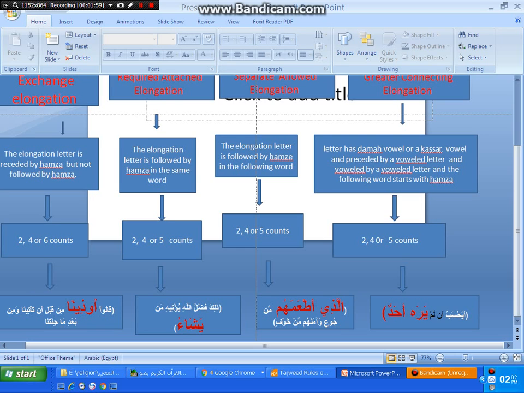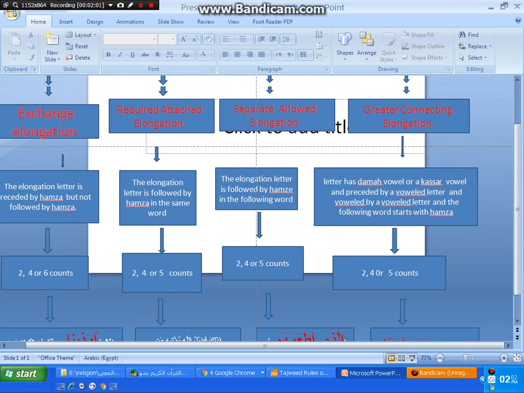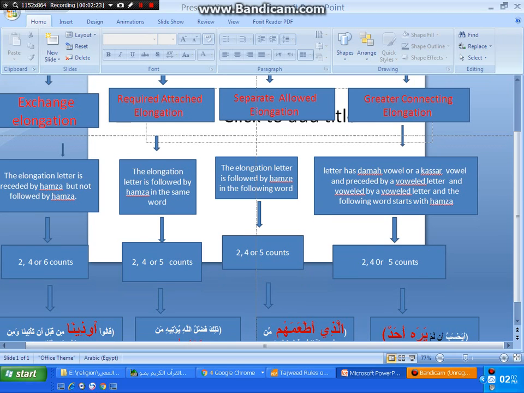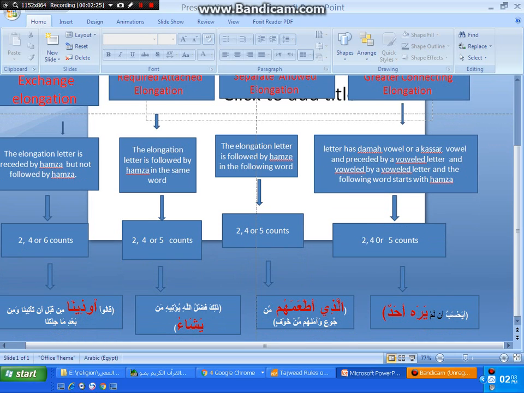The second kind is called required attached elongation, al-madd al-muttasil. It is required because it is compulsory, mandatory, obligatory, and attached because Hamzah happens in the same word as the elongation letter. So the elongation letter is followed by Hamzah in the same word. We can lengthen it by 2 or 4 or 5 counts.